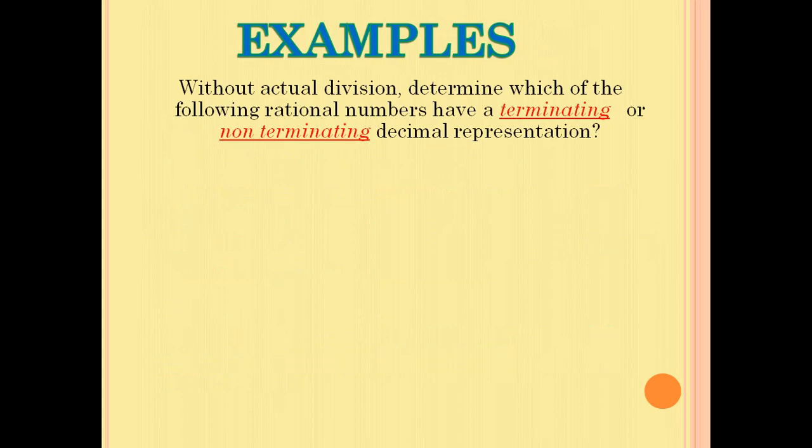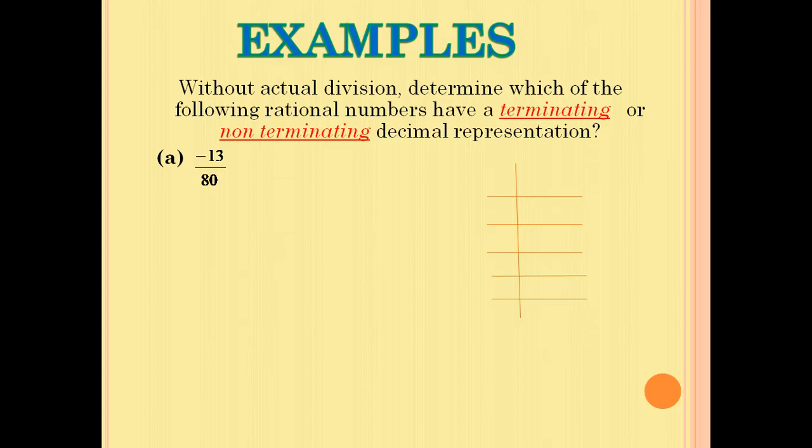Here also you will check whether the numbers are terminating or non-terminating. And the question is without actual division, which means you cannot use the process of long division over here. So it means you will use prime factorization. My first question is minus 13 upon 80. As I have told you, you will do the prime factorization of the denominator.